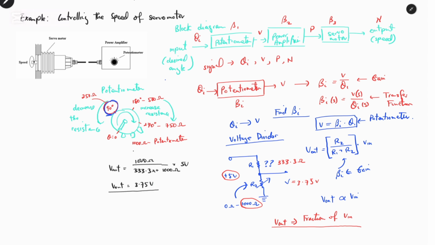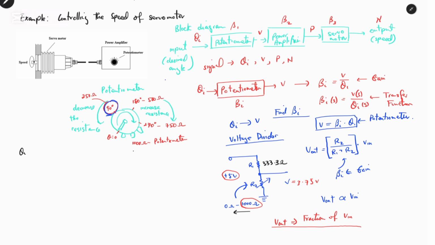So that can be a fractional output when R1 is equal to 333.3 ohms. This will be the maximum output, and when we vary the resistor from 1000 towards 0 ohms, we should have a decrease in this value. So we can now plot the relationship between the theta and the voltage output and the resistance as follows.